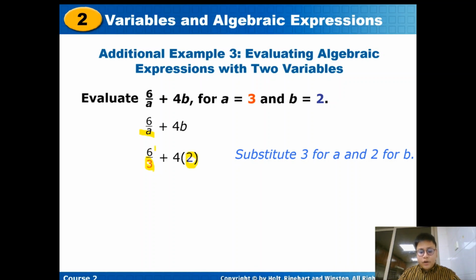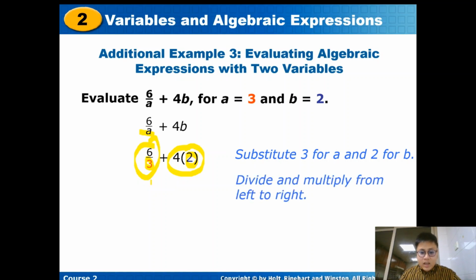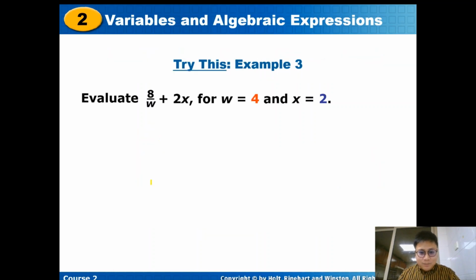Again, what are you going to do? You can simplify this one or do it at the same time. So 6 divided by 3 will give you 2, plus 4 times 2 gives you 8. Then 2 plus 8 will be 10. I hope you get this example.